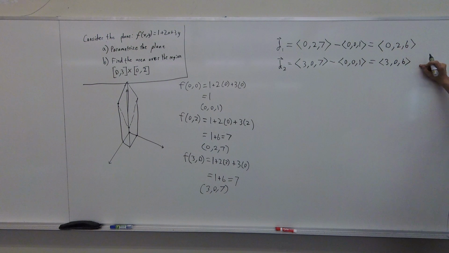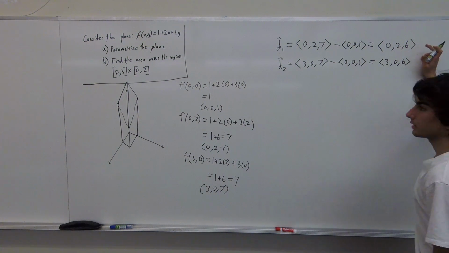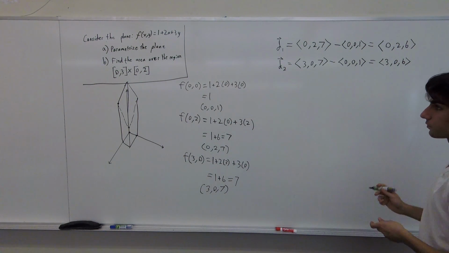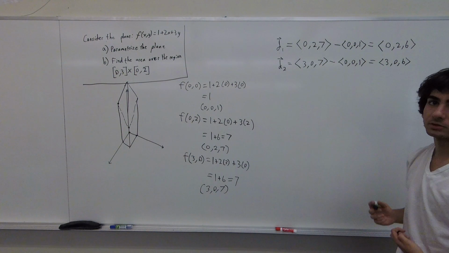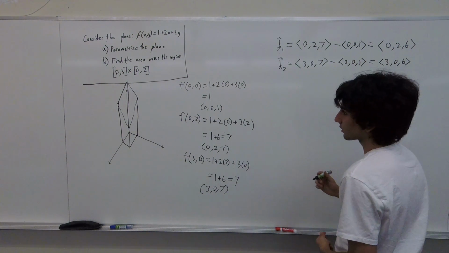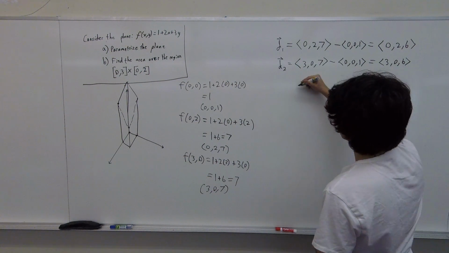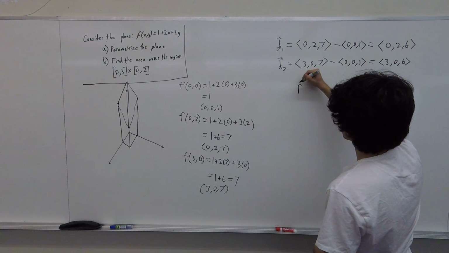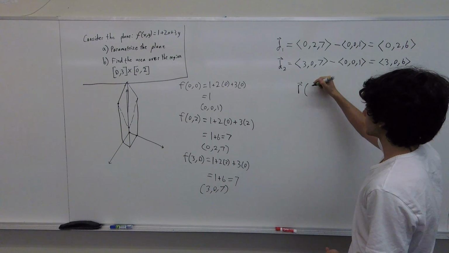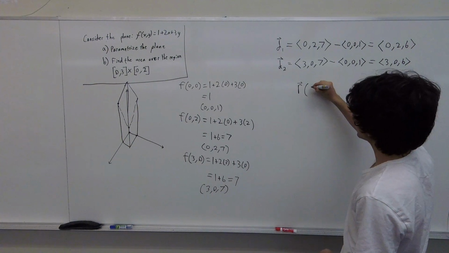So now we have two vectors that both lie on the plane, if we start out at this point. And now we can introduce the parameters for the first time. Let's call the surface R. When we parameterize it, we typically like to use R, and you can name it anything, but it does have to be a vector.